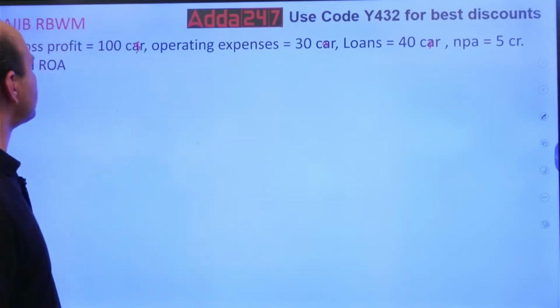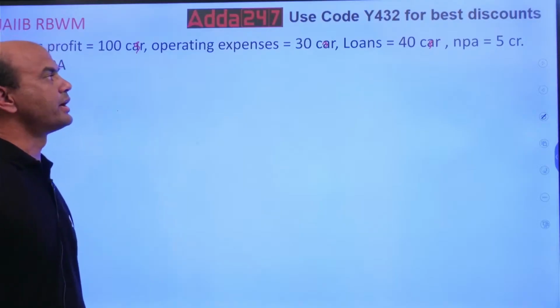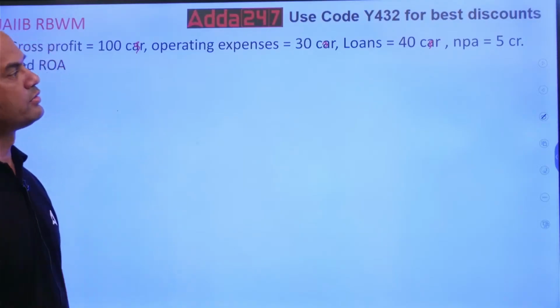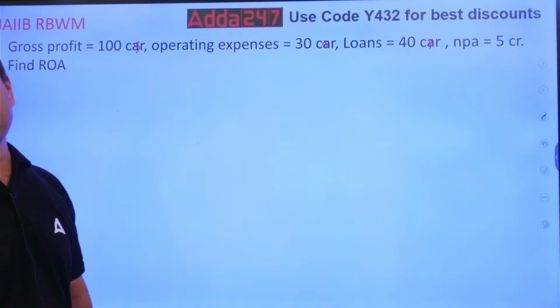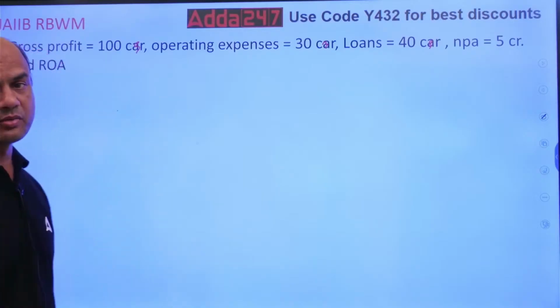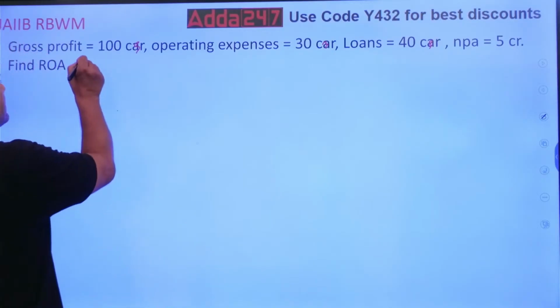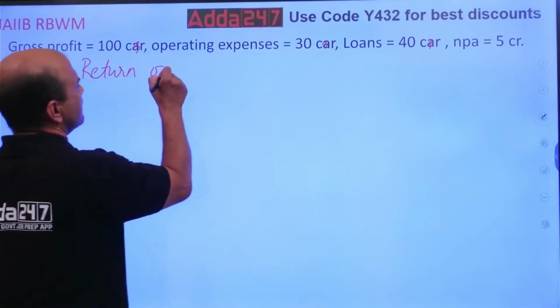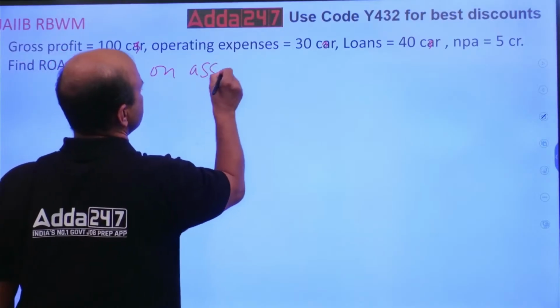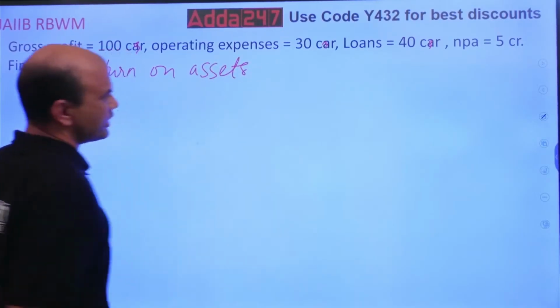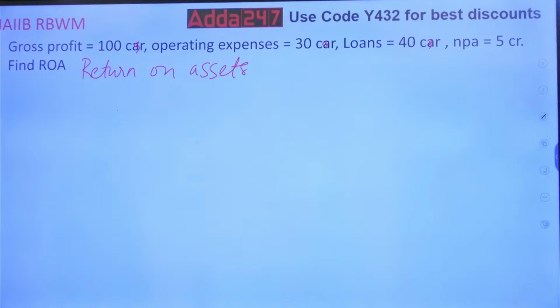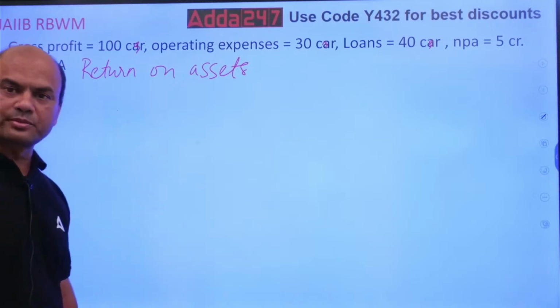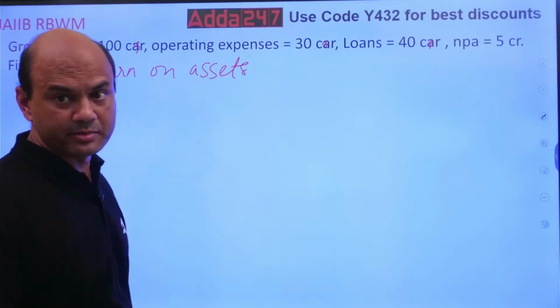So, gross profit equals 100 CR, operating expenses 30 CR, loans 40 CR, NPA 5 CR. You have to calculate ROA. What is ROA? Return on assets. There are 2 terms you will always be getting in your RBWM.